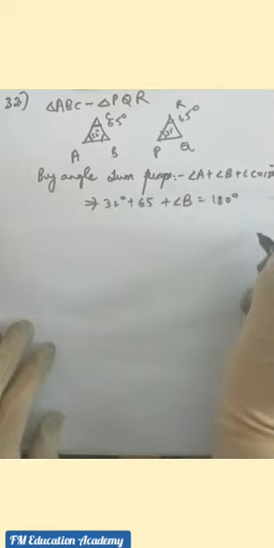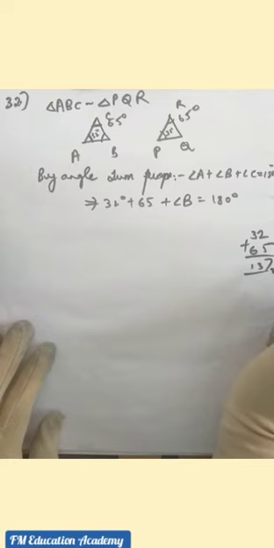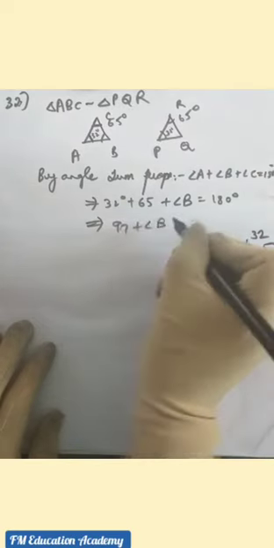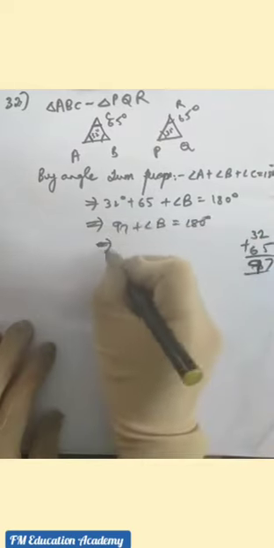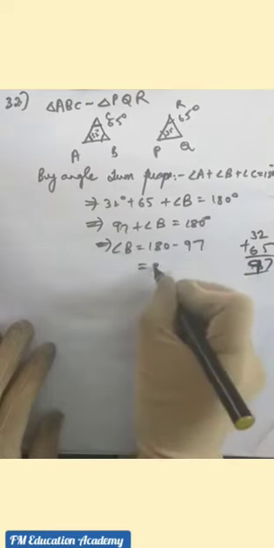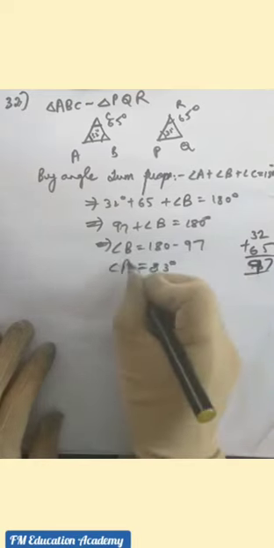What is 32 plus 65? 97. So 65 plus 32 is 97 plus angle B is equals to 180 degree, or we have angle B is equals to 180 minus 97. If you subtract 180 minus 97, you will get 83 degree. So in which option is angle B 83 degree? In option 2. So our answer for 32nd question is option 2.